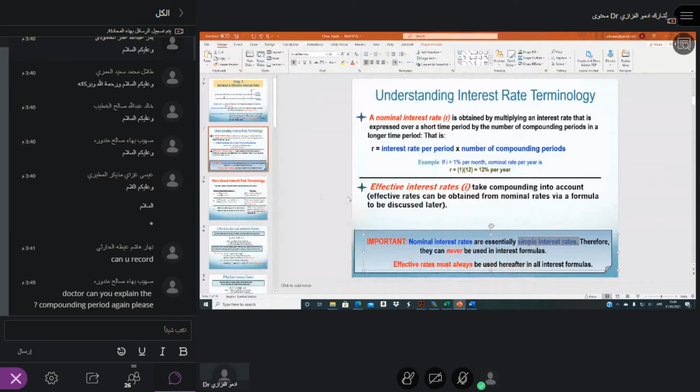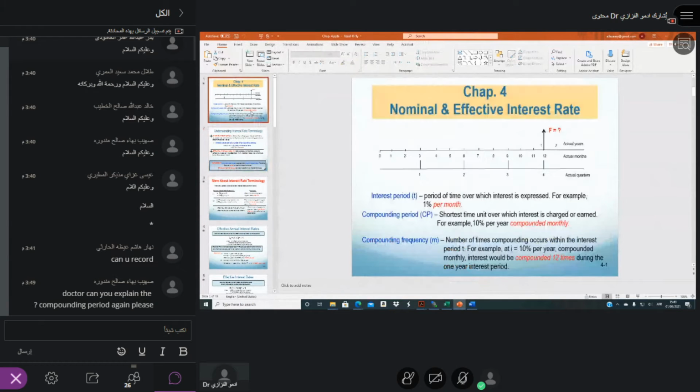You said you want me to explain compounding. Okay. So the compounding period is the shortest time over which they charge you an interest rate. So if you take a loan for a car from the dealer or from the bank, normally they will write in the paper that they are giving you this car at an interest rate of 5% annually or something like that.